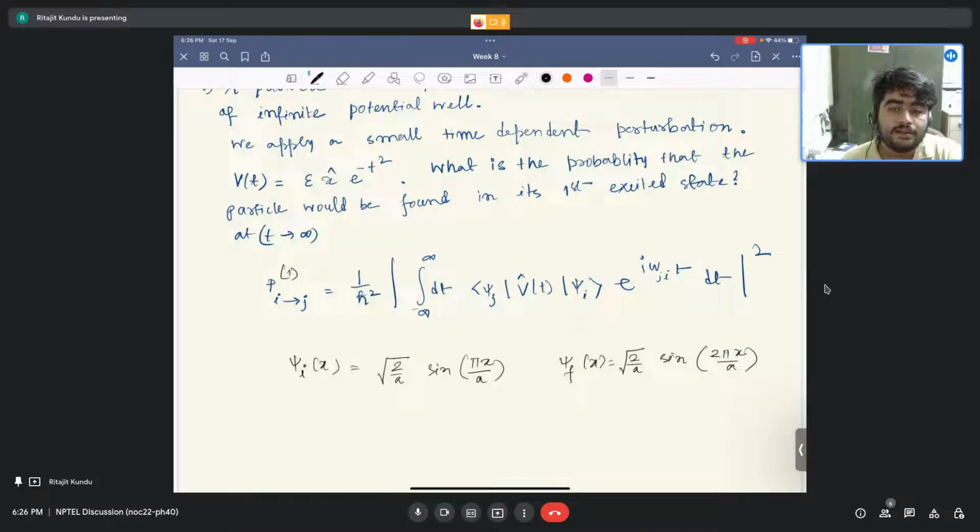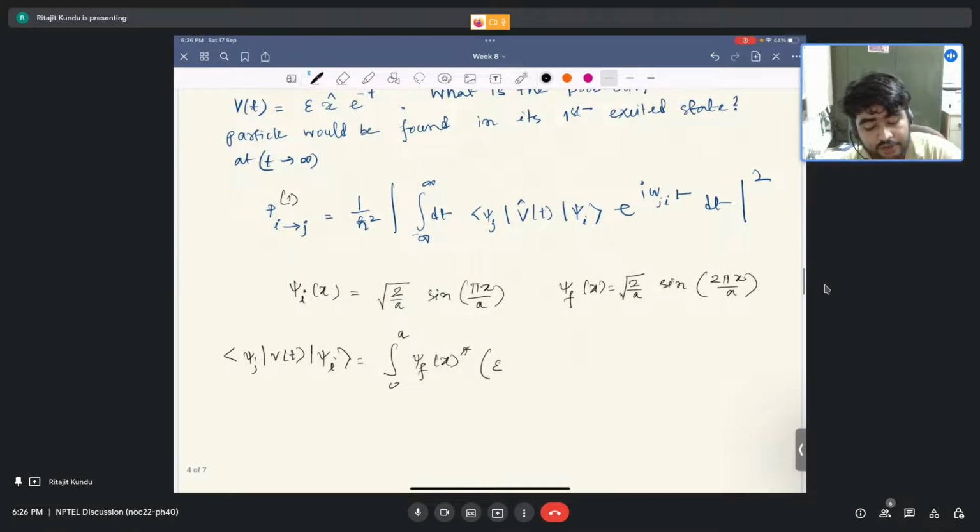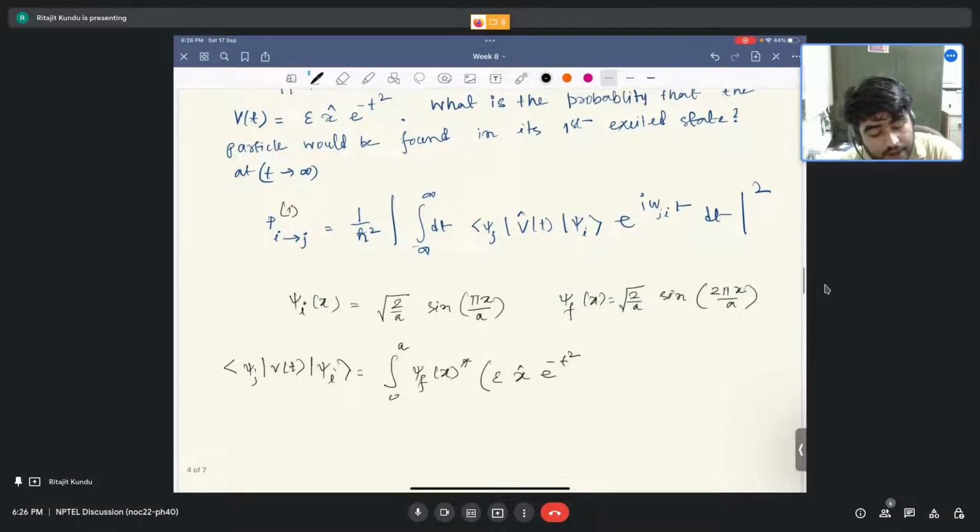Let's first calculate this part, psi_f, V(t), psi_i. Written as an integration, it becomes the integral from 0 to a of psi_f of x conjugate, times V(t), which I'll take as x operator minus t square, times psi_i of x. This is the first term we would like to calculate.